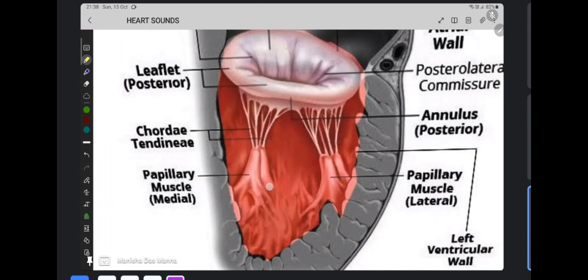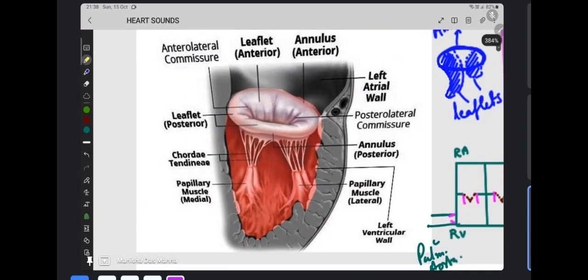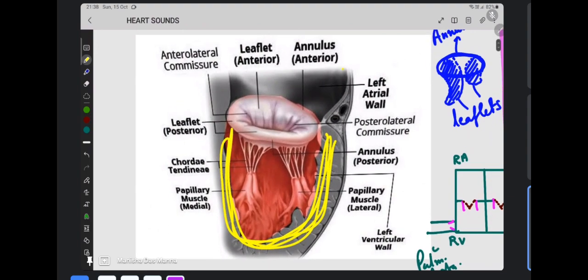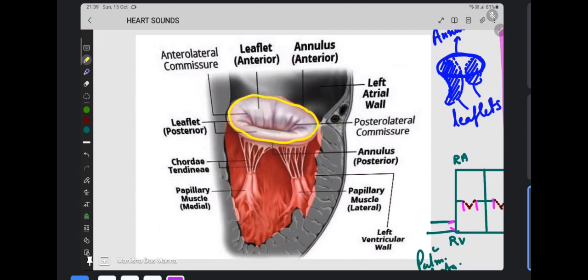What is this? This is the papillary muscle. This is the ventricular mass. Here is the ventricular mass, and here is the atrial mass, and this is the annulus of the bicuspid valve, or you can say the mitral valve.